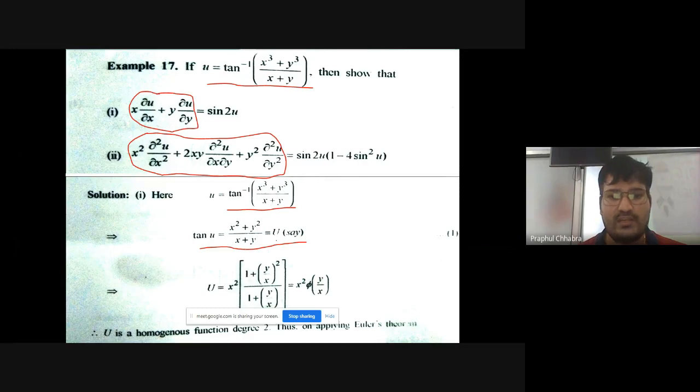For example, we are saying it's capital U. Now capital U is equal to, take the highest power of x common from the numerator and take the highest power of x from the denominator, right?